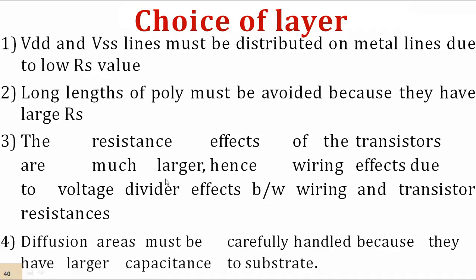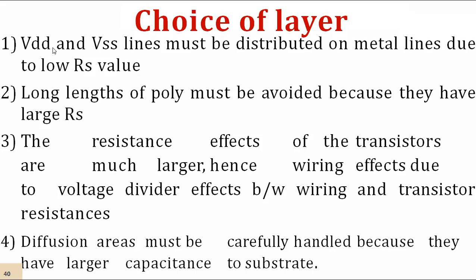Choice of the layers: what layer we should use and what should be the values for sheet resistance and capacitance. There are only two things. Polysilicon has a higher sheet resistance value, and diffusion has a higher capacitance value. We should take care with the diffusion area, and avoid longer lengths of polysilicon.